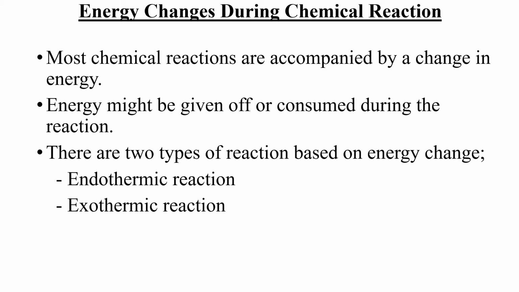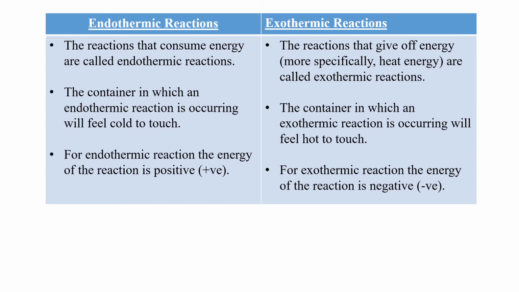Energy is either given off or consumed during a chemical reaction. There are two types of reactions based on energy change: one is called endothermic reaction, and the second is called exothermic reaction. We will see these two in detail in the next slide.